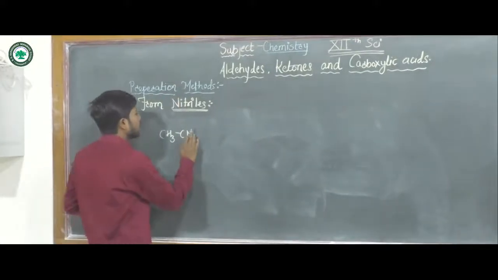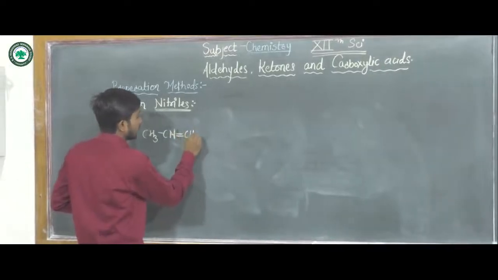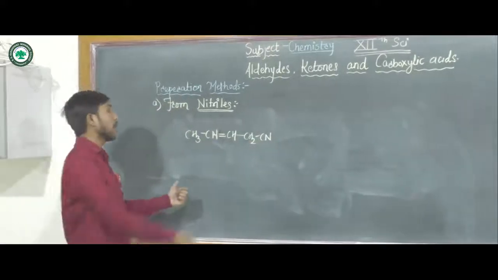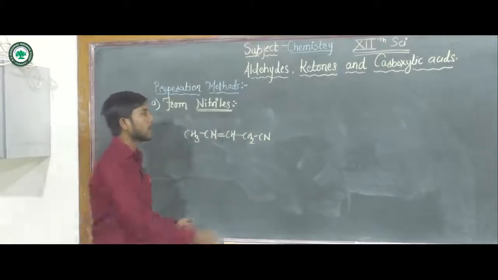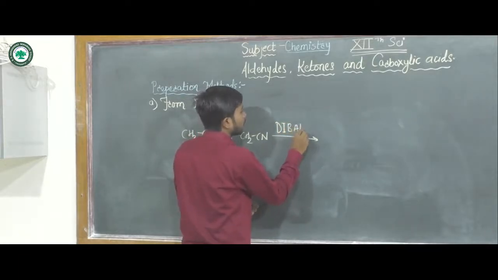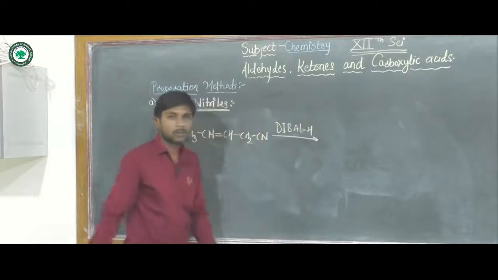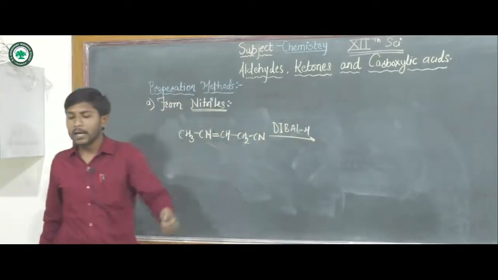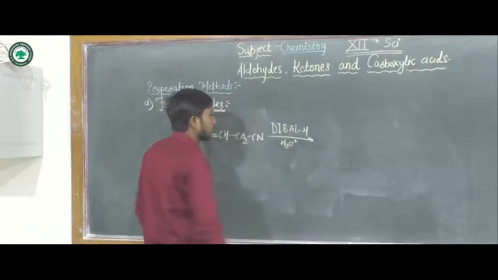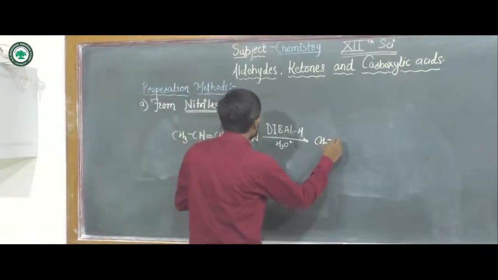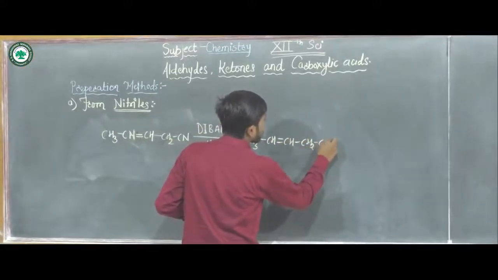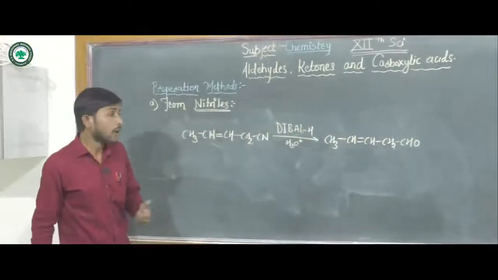CH3CH=CHCH2CN. Here the unsaturation is maintained by using the DIBAL, the diisobutyl aluminum hydride, and here also it is followed by acid hydrolysis, which gives the corresponding aldehydes.